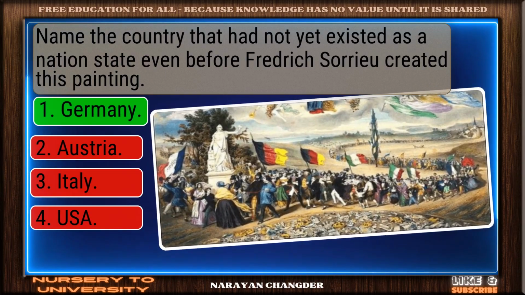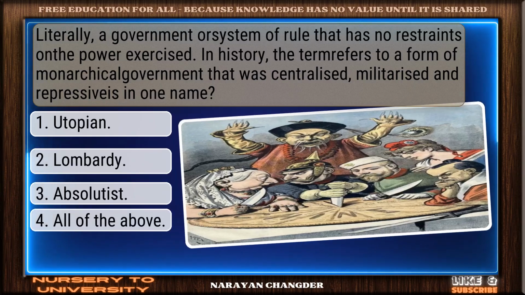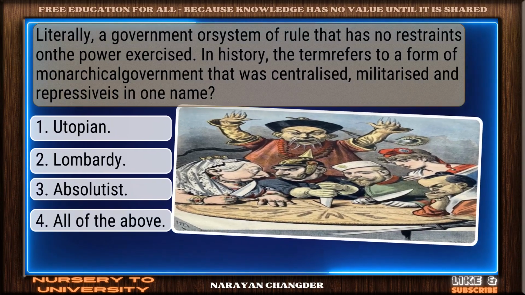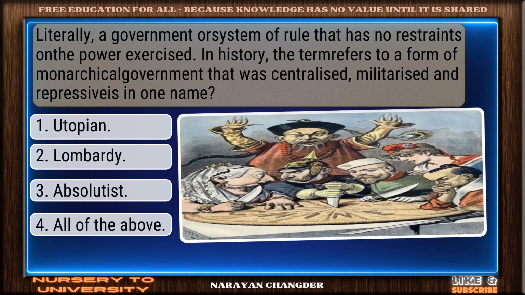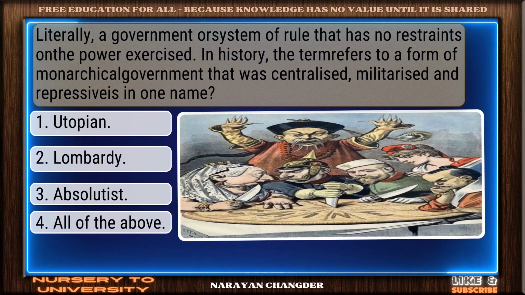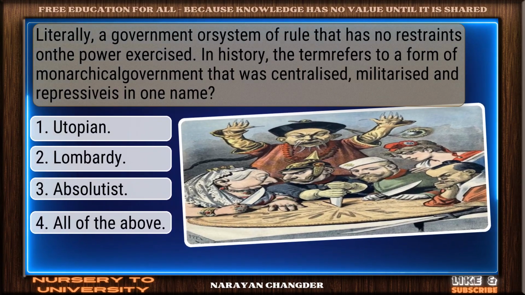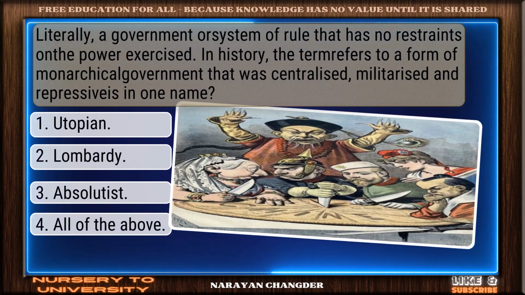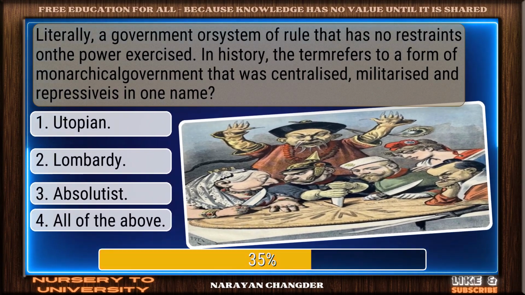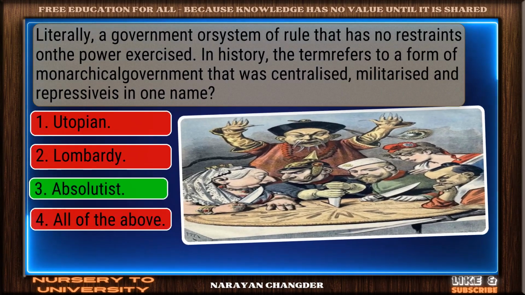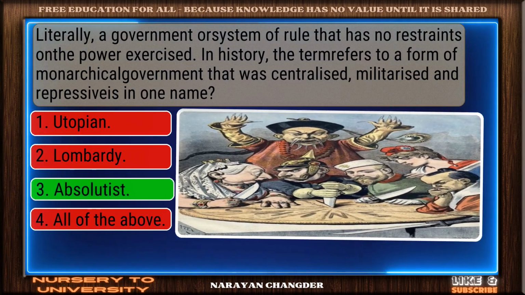On track. Germany is correct. Literally, a government or system of rule that has no restraints on the power exercised. In history, the term refers to a form of monarchical government that was centralized, militarized and repressive in nature. Nicely done. Absolutist is solid.